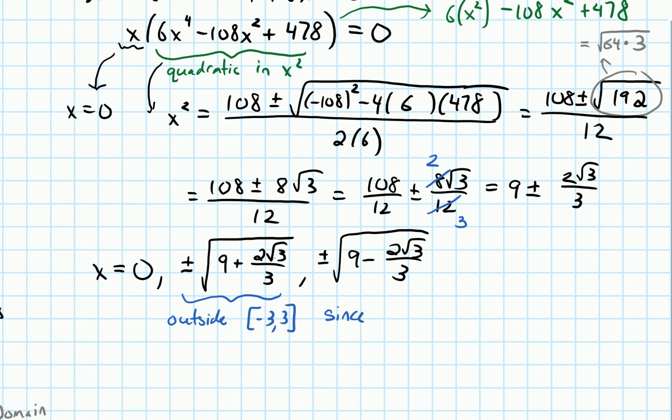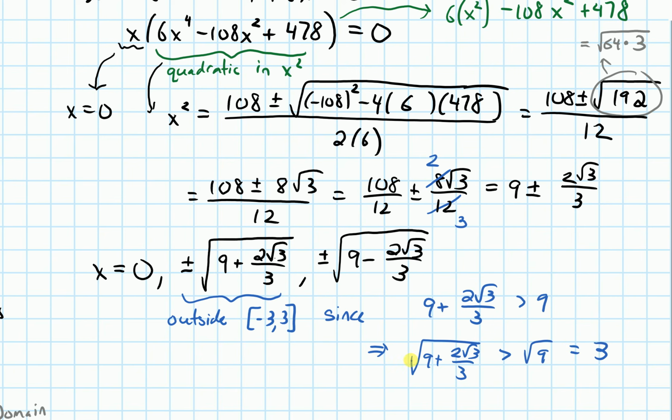If I look at 9 plus 2 root 3 over 3, this is greater than 9. So if I square root both sides, the square root of 9 plus 2 root 3 over 3 is going to be greater than the square root of 9, which is 3.